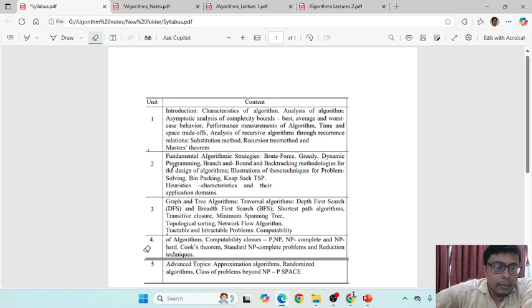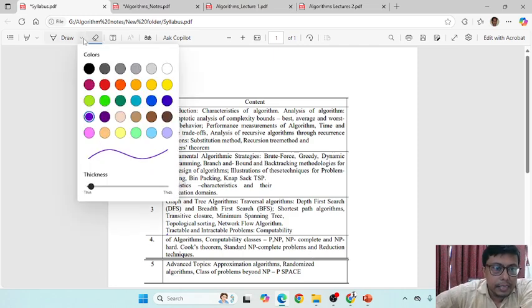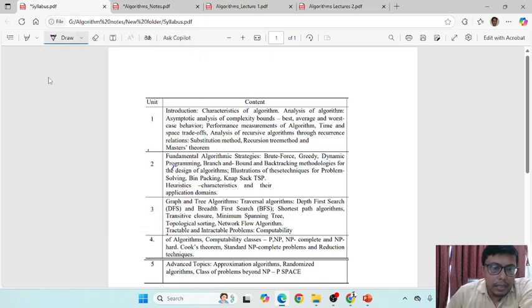Then we will be coming to section 3. In section 3, we shall start with various graph and tree algorithms. To be specific, we will be learning depth first search, DFS, and BFS.